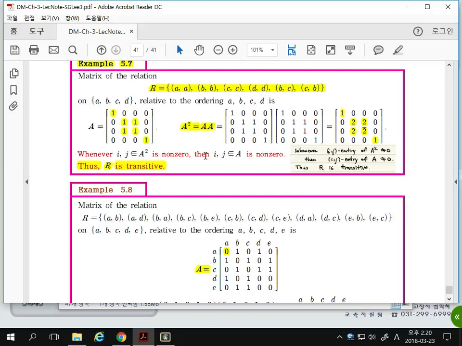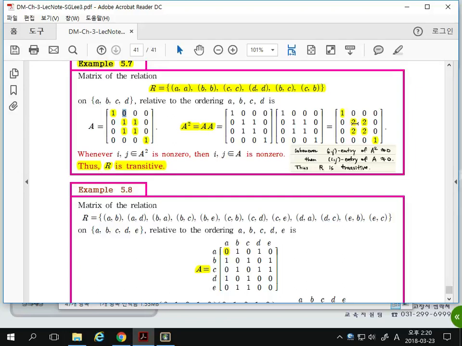But the interesting thing is, whenever the ij entry of A square is non-zero, then the ij entry of A is also non-zero. Do you see here? There are only 6 non-zero entries here, and there are only 6 non-zero entries here. As you see, whenever these are zeros, the corresponding entries are all zeros.